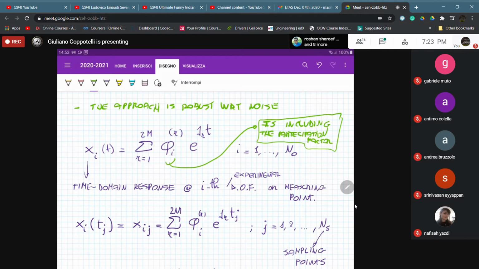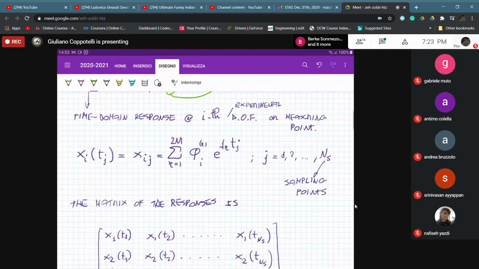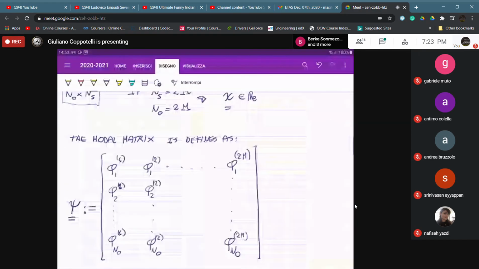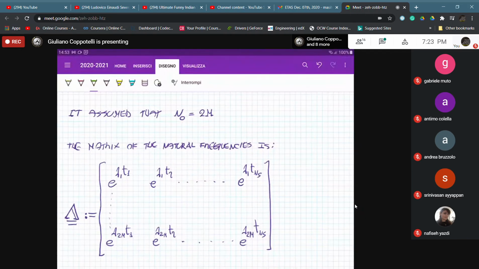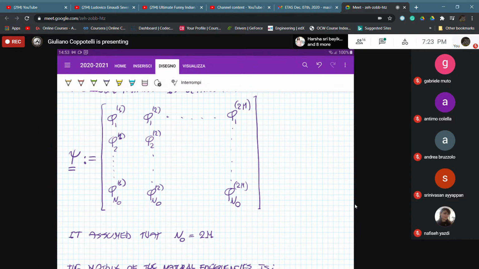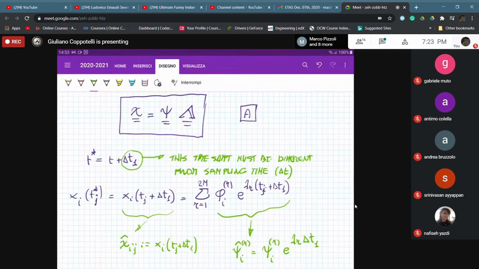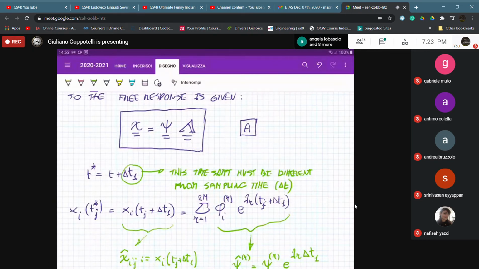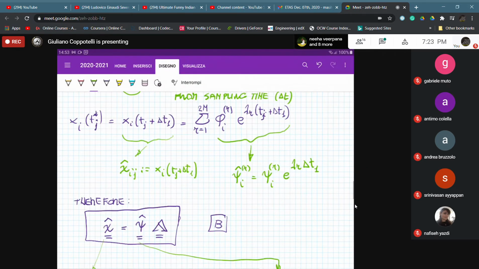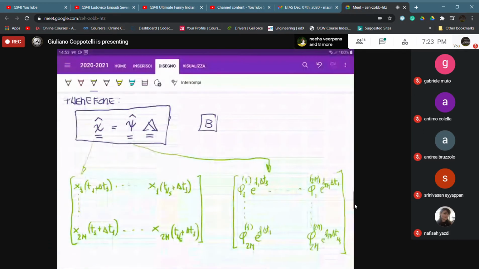We define two, if you want, dummy matrices, psi and large lambda, both having the eigenvectors and the eigenvalues of your system. And then by using this, the expression of the actual time response and the one that could be obtained by time shifting of a quantity delta T1, to be specified later in our analysis, we can have a Hankel matrix of responses.